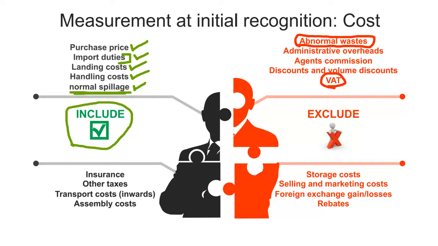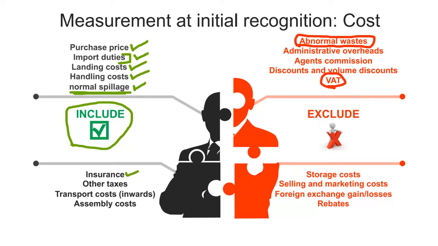So then that 40,000, the difference between those two amounts, is going to be considered abnormal, right? And so you need to know what to do with that. The idea is that we exclude it. That's why if you have a look at the man in red, he's broken up, he's taken out. We must take it out of the cost of inventory.